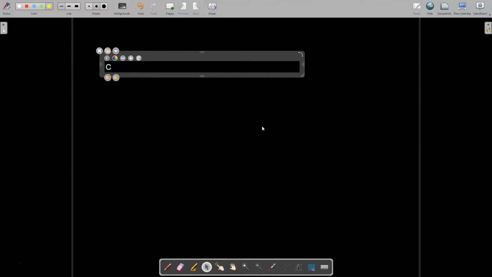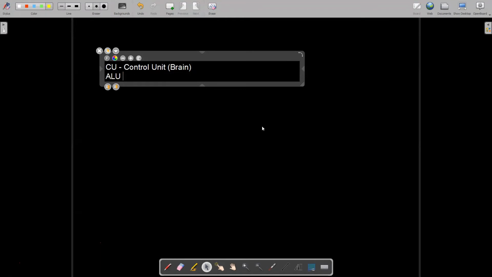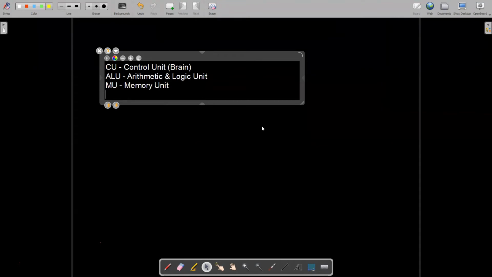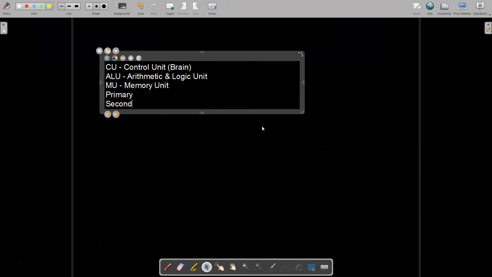CPU, we know it is central processing unit. CU stands for control unit, which is actually the brain of your computer. ALU stands for arithmetic and logic unit. And MU stands for memory unit or storage unit, within which we have 2 types of memory, primary and secondary.